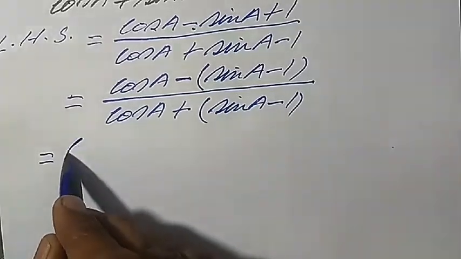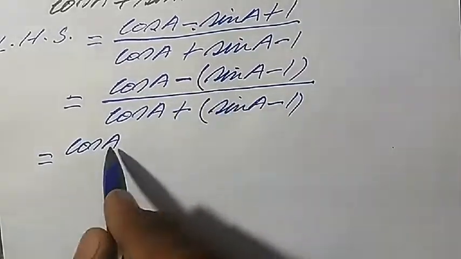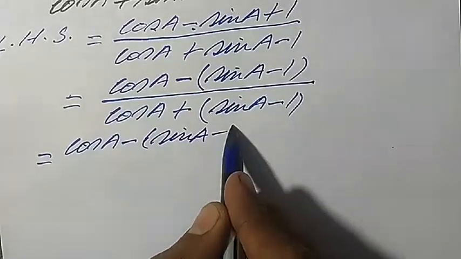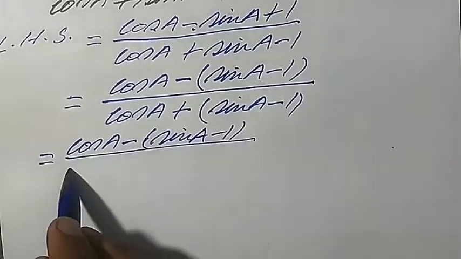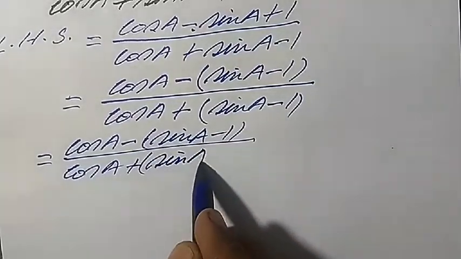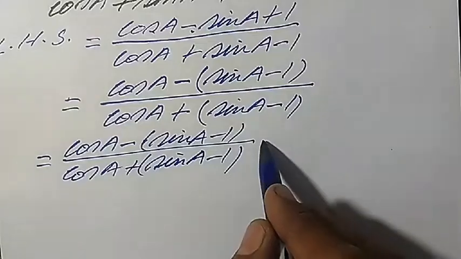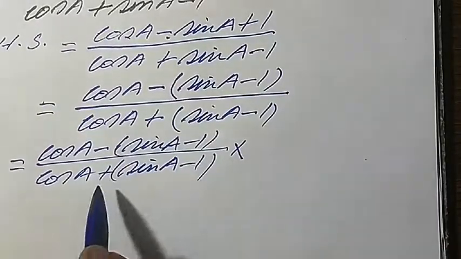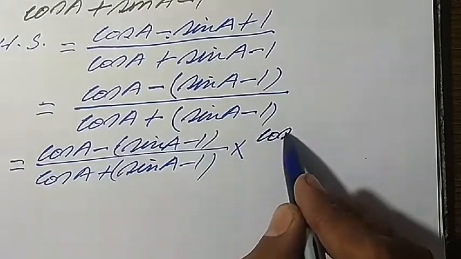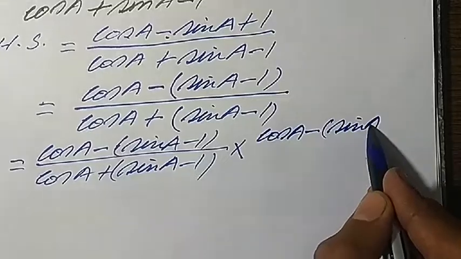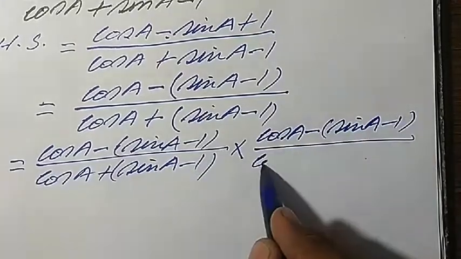Now in the next step, this expression is written as it is, then we multiply numerator and denominator by cos A minus sine A minus 1.